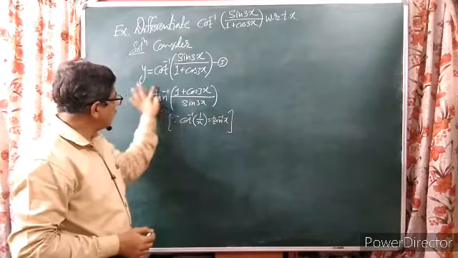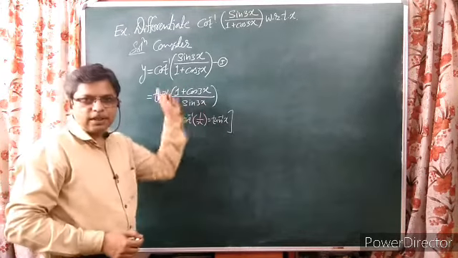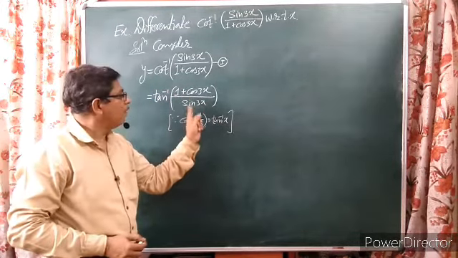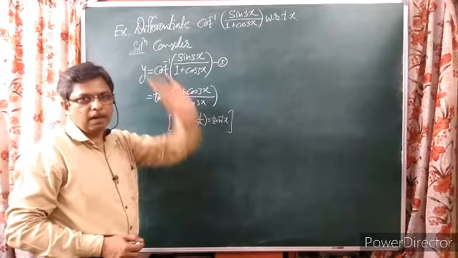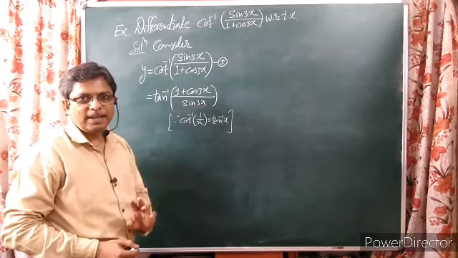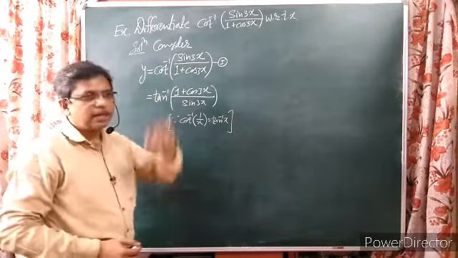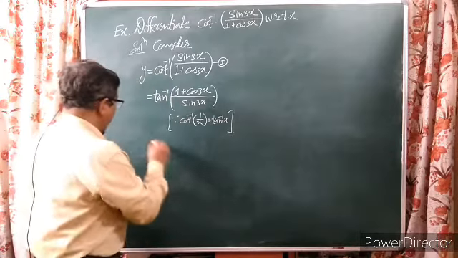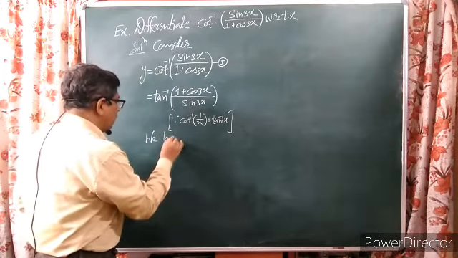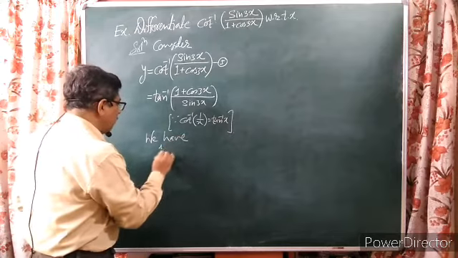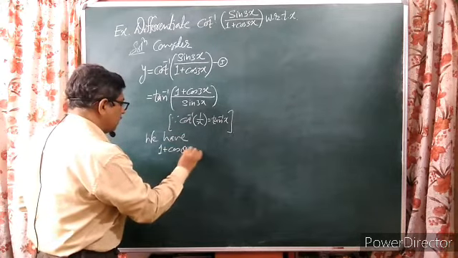Now outside we have tan inverse, so we have to convert this bracket in form of tan of some angle. Now we must remember the trigonometric identities.